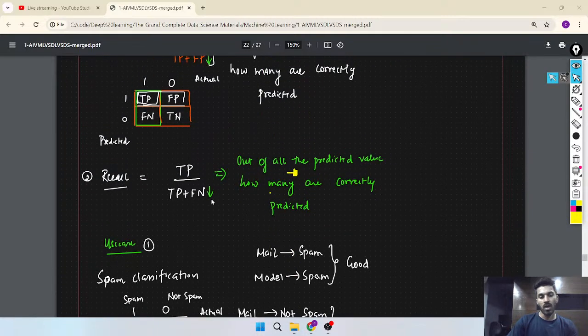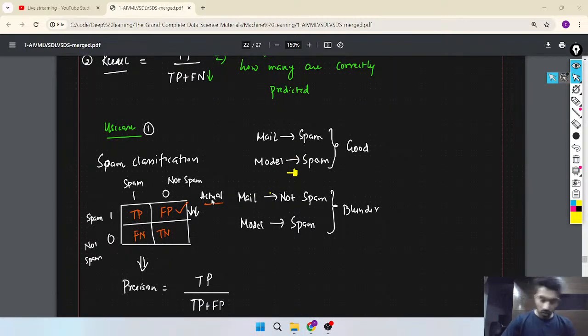Now, what are the use cases of precision and recall? The question arises: where do we use precision and where do we use recall? This is the biggest problem, and many interviewers will confuse you with it.